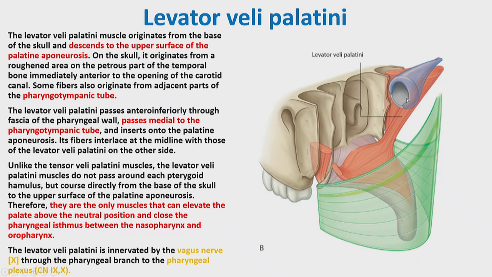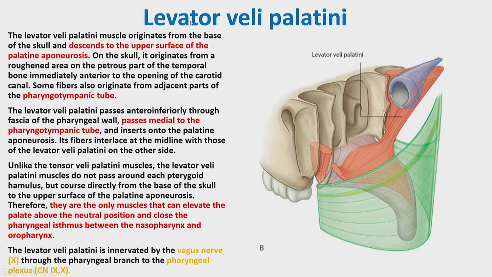There is always discussion about which muscle is doing what, but according to the new literature, the tensor veli palatini opens as a dilator of the eustachian tube, and the levator veli palatini closes it. But anyway, the function of this muscle is elevating. As a matter of fact, it is the only muscle that mainly elevates the soft palate, according to its name.